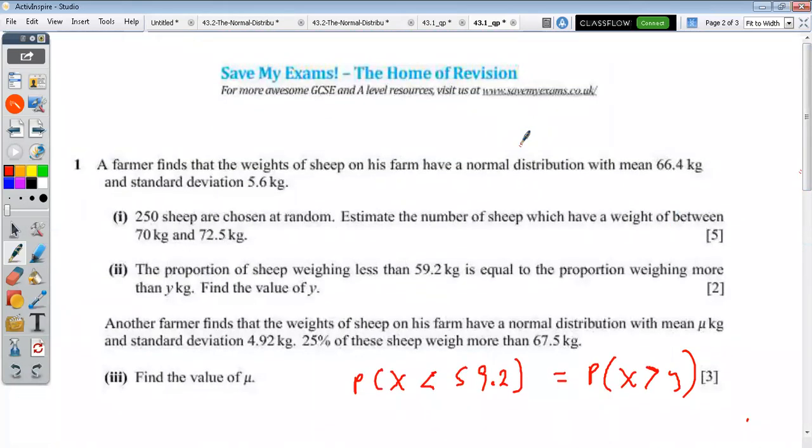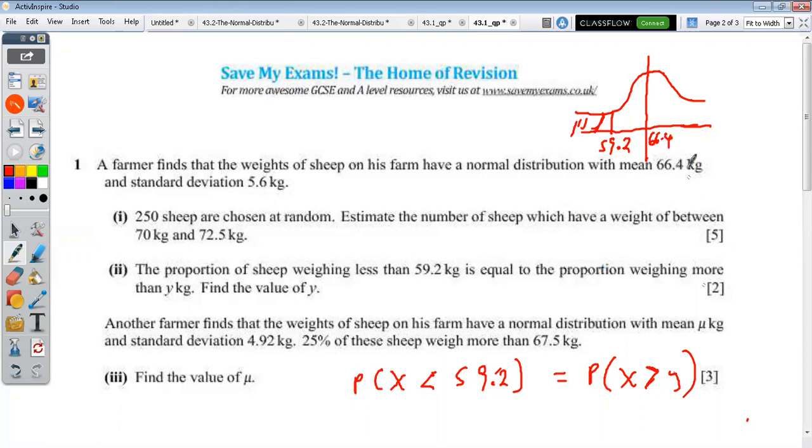So now if we look at that curve, what is our mean for this? If you read the question again, 66.4. And this value here, 59.2, is less than this. So if less than is this region, can you see that?